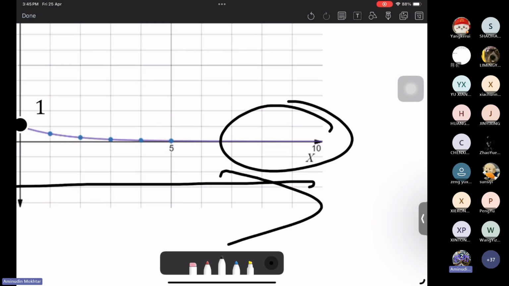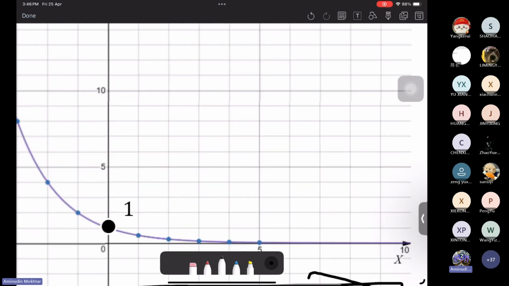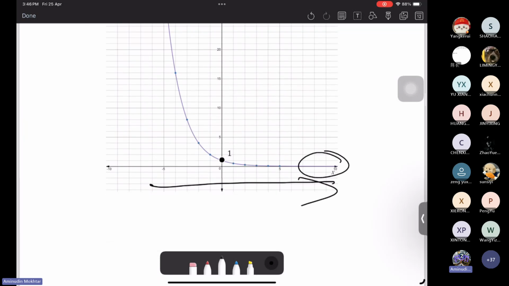The graph just approaches the x-axis; in theory it never touches or crosses it. Okay, that's how to draw the graph.